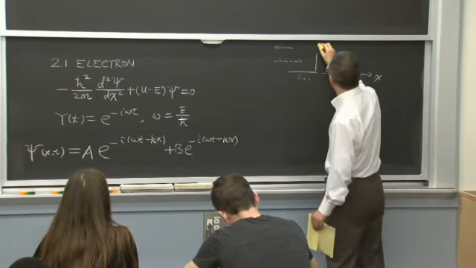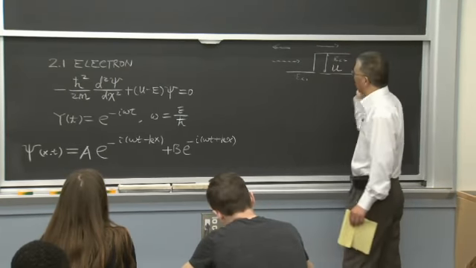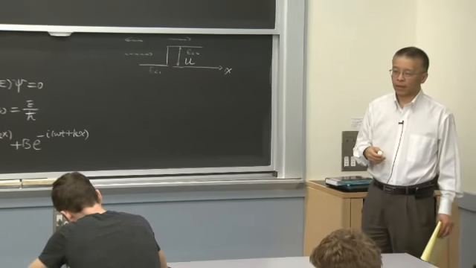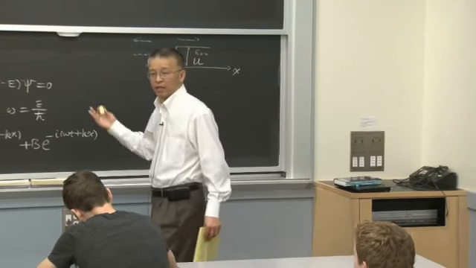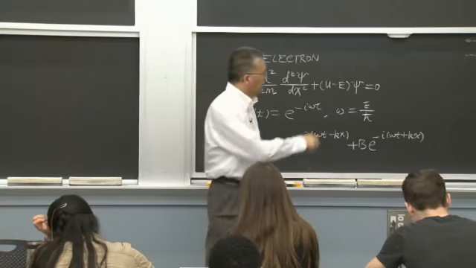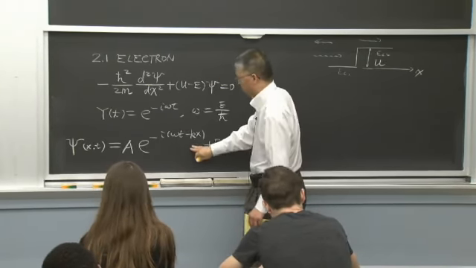On the other side, there could be transmission. The wave can go over the barrier and continue, right? So I have reflection, I have transmission. I want to find how much is reflected, how much is transmitted. So here you can use the plane wave solution.